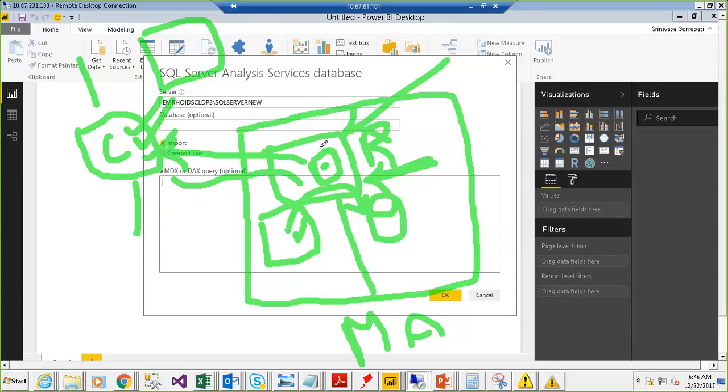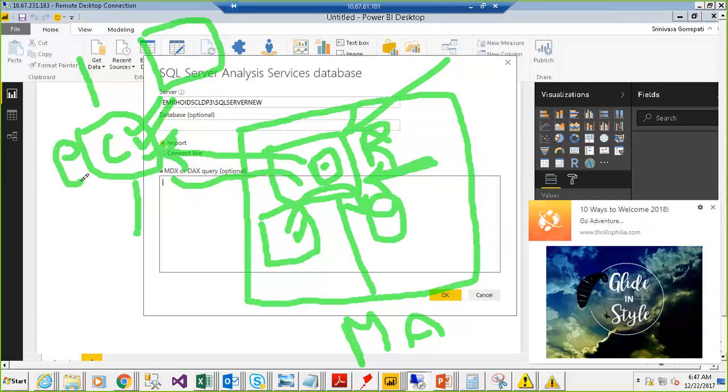Now your question comes into play. Once you develop your data model, you need to deploy it in Control S. Whenever you deploy in Control S, this database will be there in their network, and by accessing that database, you are creating your Power BI report. Whenever you publish that, you need to have a relation between these two things.